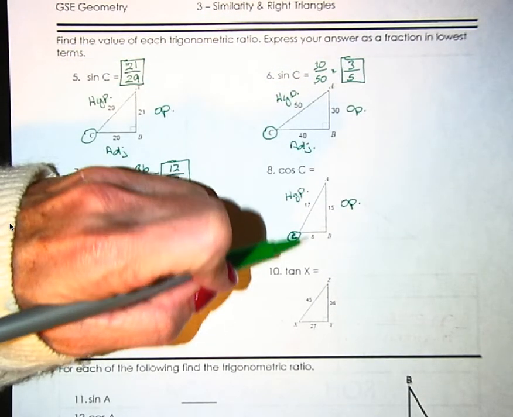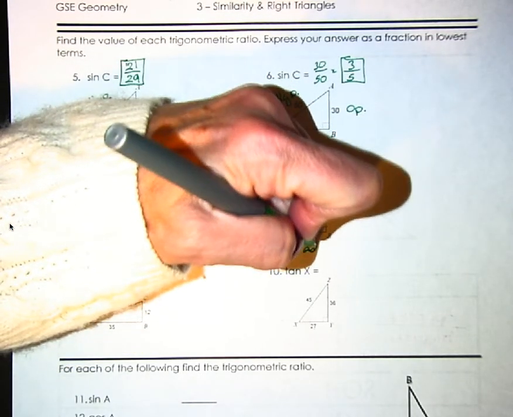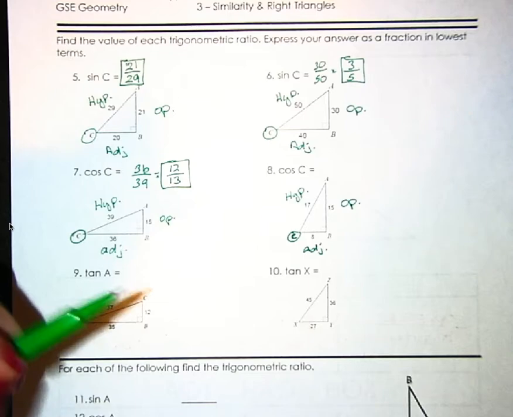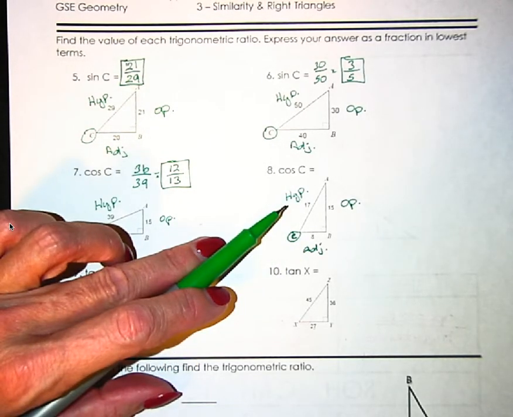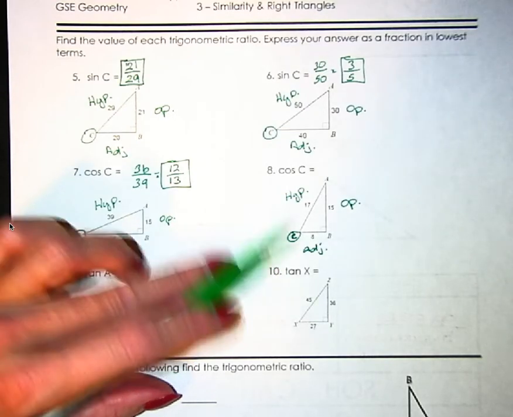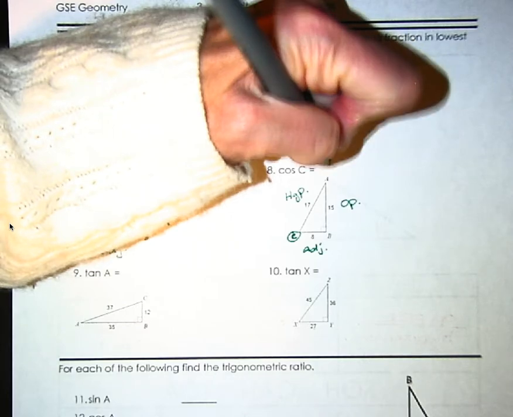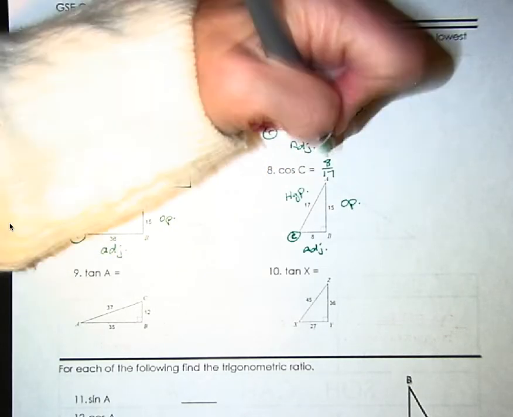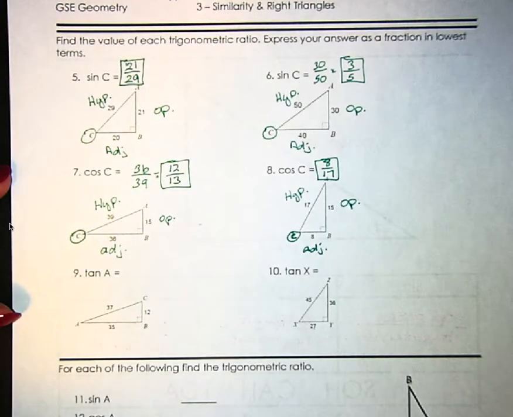And adjacent to my angle is my adjacent side. Okay, cosine is adjacent over hypotenuse again. So that would be 8 over 17. And since that can't be simplified, I'm going to leave it just like that, 8 over 17.